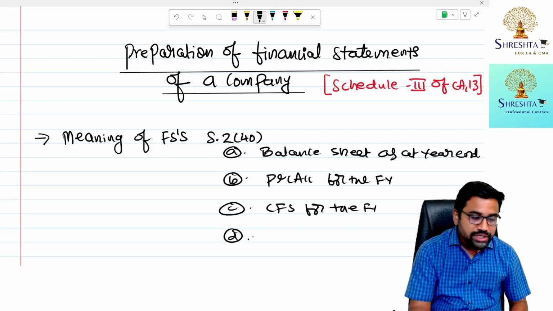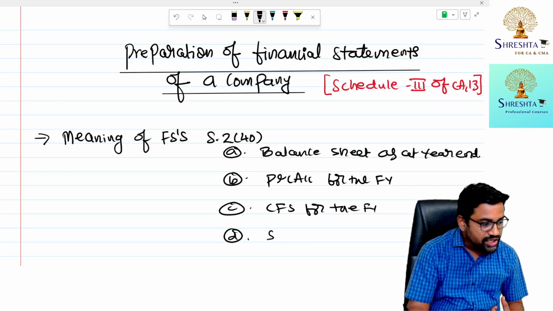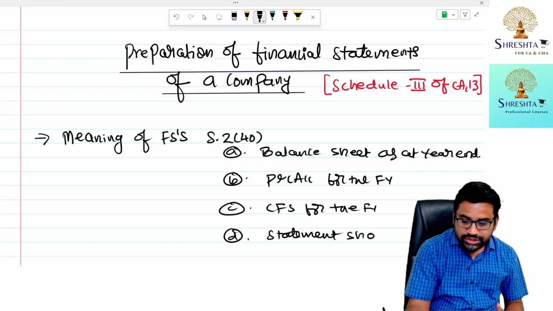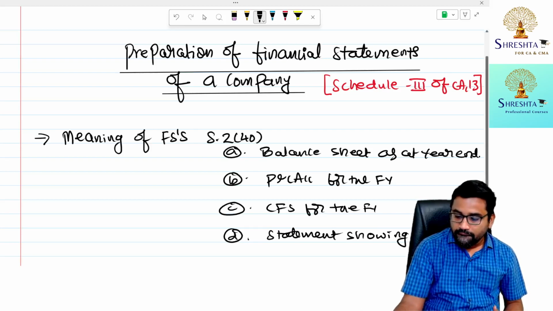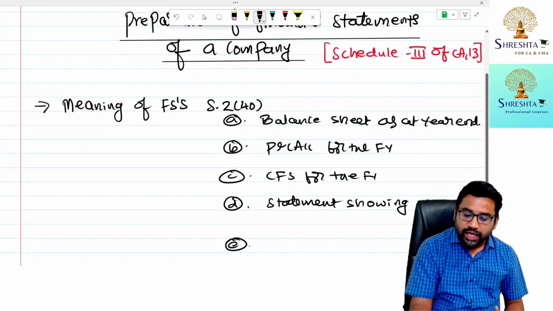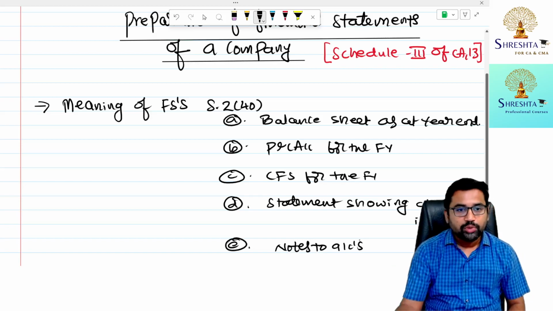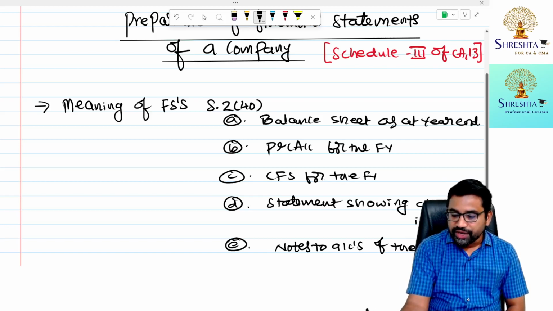Next, statement showing changes in equity, if required. And also any explanatory statement, notes to accounts forming part of the above. So these are financial statements.